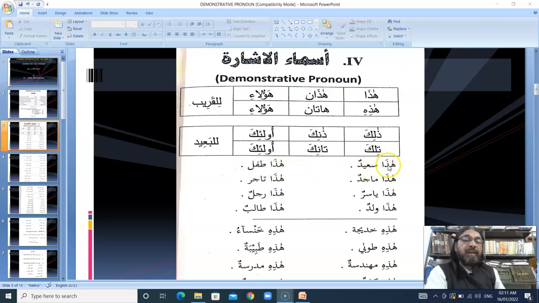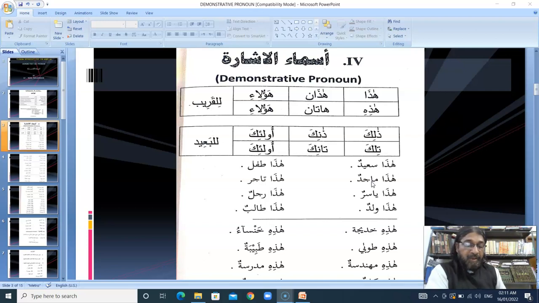So this one is Ishara, al-Ishara, and Sa'idun or Tiflun, whatever the names or nouns are after Hada, all these will be called Musharun ilayhi.